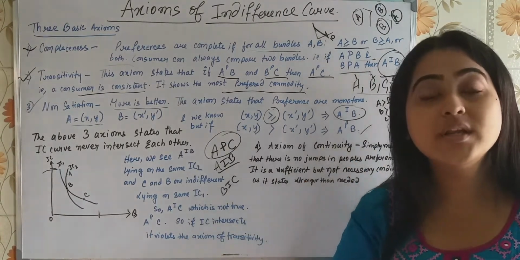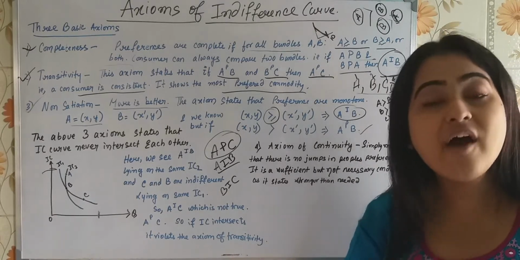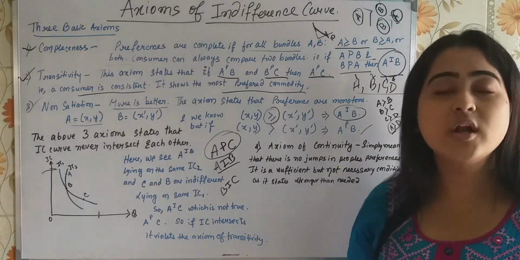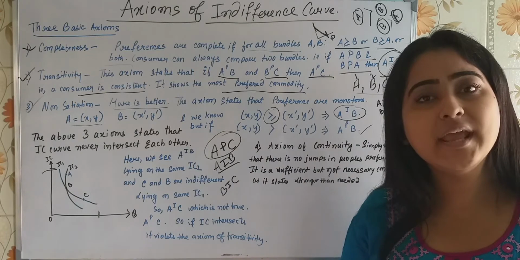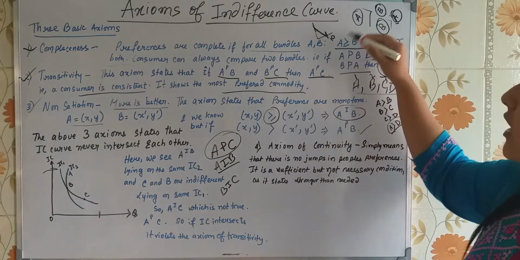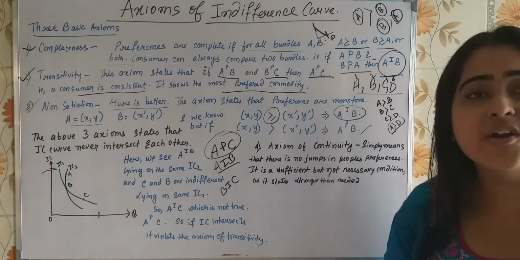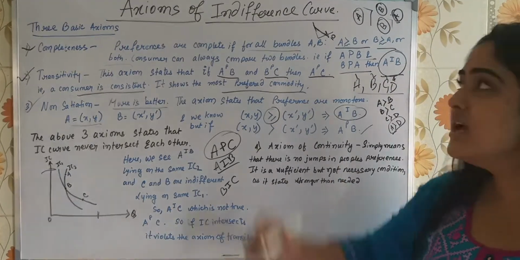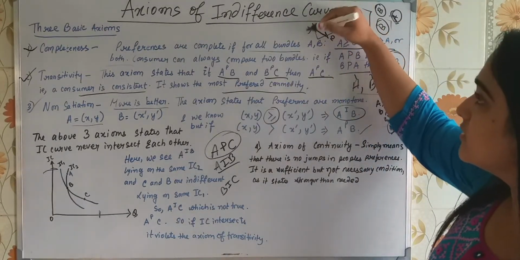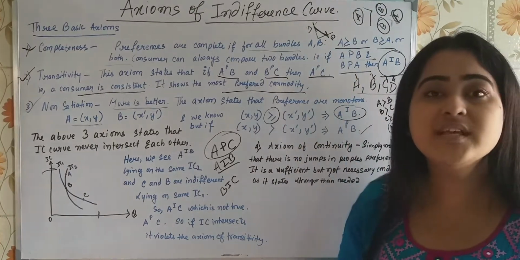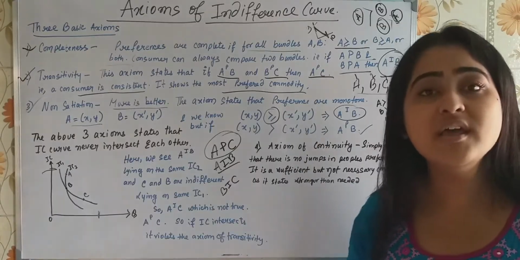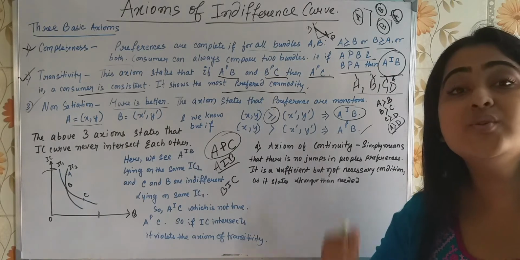Both of the commodities, some amount of each you will have to utilize. Suppose there are two commodities, X and Y. So this point on the IC will say you only want commodity X. This point of the IC curve will say you only want commodity Y. So this is never going to happen.